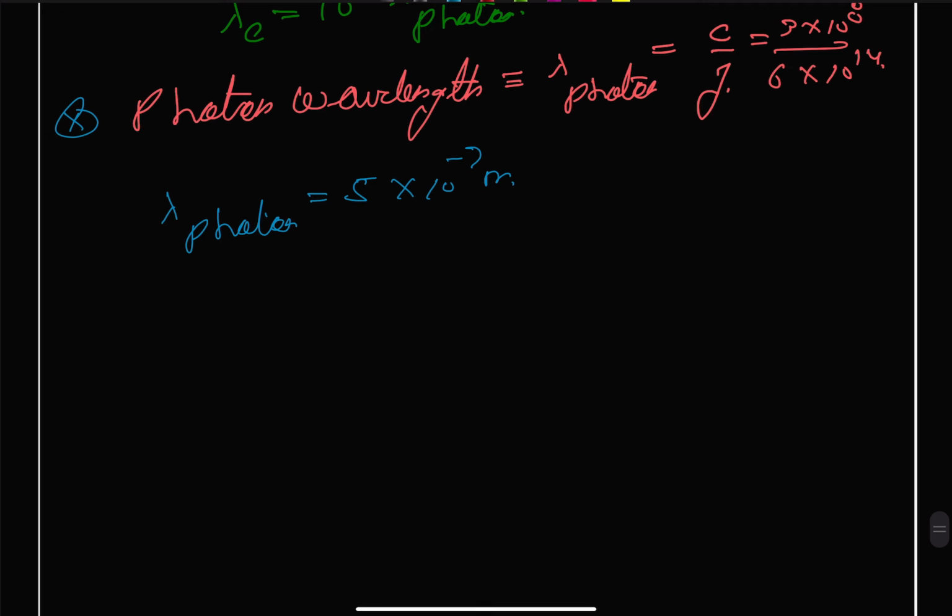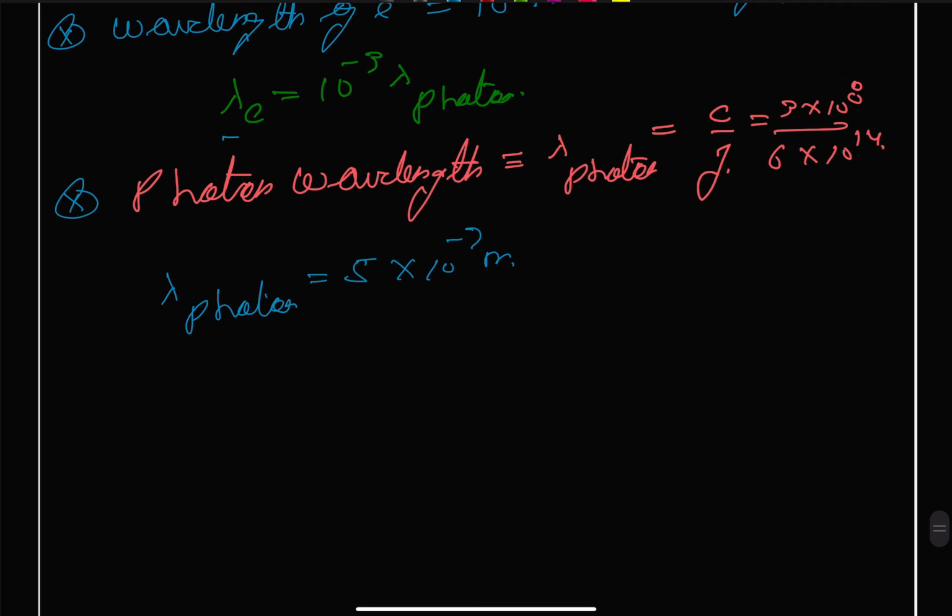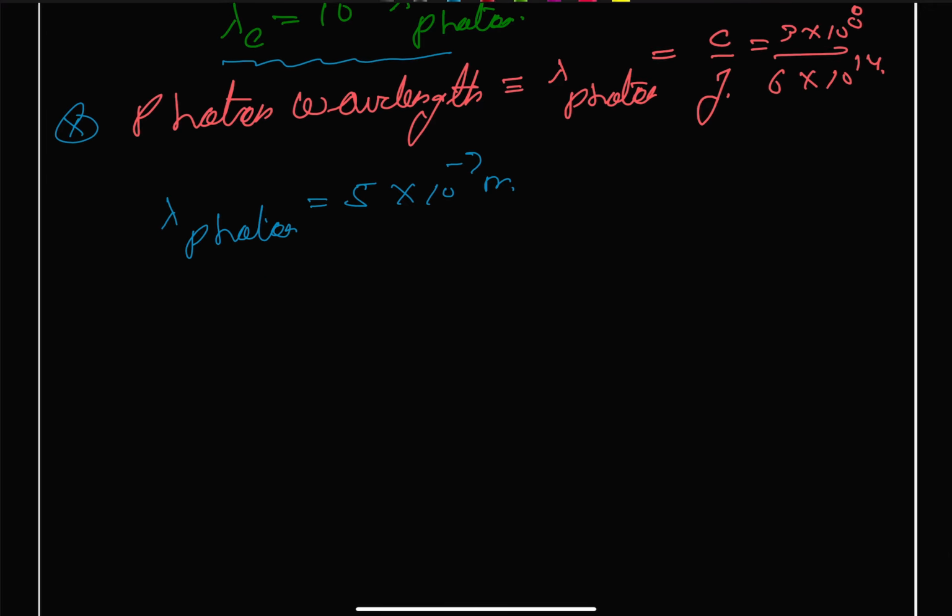So based on this, we can find out the de-Broglie wavelength, the wavelength of electron. Lambda E is equal to 10 to the power minus 3 multiplied by 5 into 10 to the power minus 7. This gives us 5 into 10 to the power minus 10 meters.